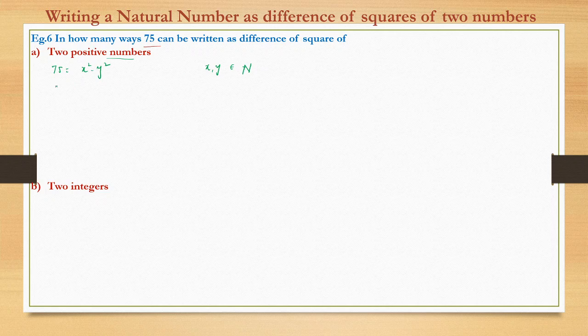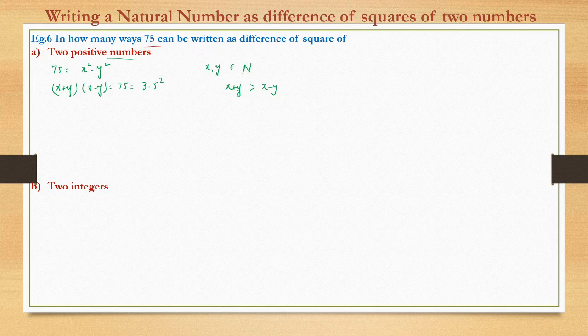So this becomes (x + y)(x − y) = 75, which is 3 into 5², and here see, x + y would be greater than x − y. Why? Because x and y are both natural numbers.